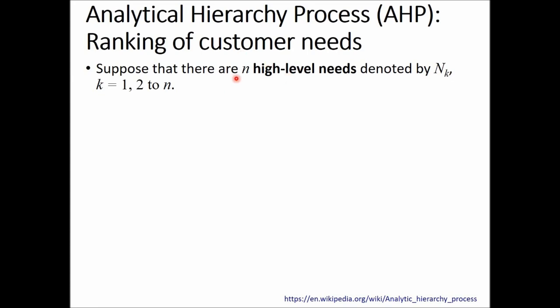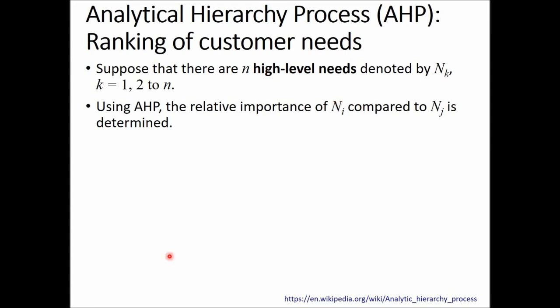If you have n number of high-level needs, and if you denote them by capital N_k, where k is 1 to n, each need being capital N, then what we try to do in this analytical hierarchy process is compare the relative importance between two needs, N_i and N_j, for example.